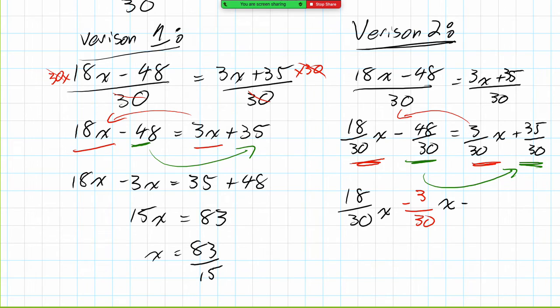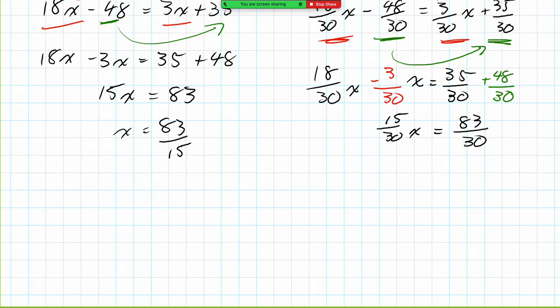And on the right-hand side, we're left with 35 over 30 plus 48 over 30. Okay? Because they're common denominators, we can just go ahead and add or subtract the fractions there. So we have 18 minus 3 becomes 15 over 30x. And this one here becomes 83 over 30.